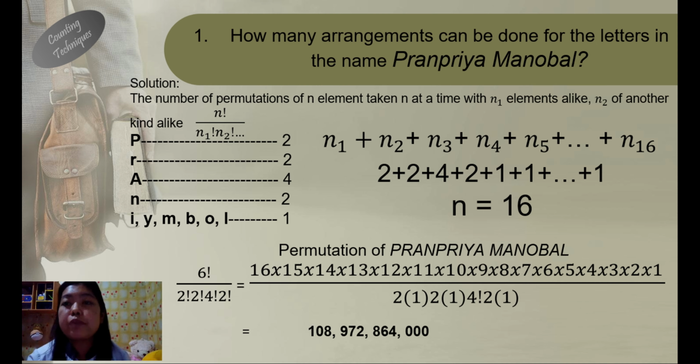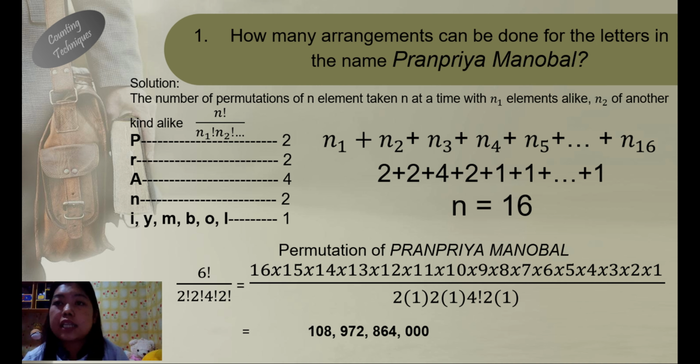Then, the permutations of Pranpriya Manobal is 16 factorial all over 2 factorial times 2 factorial times 4 factorial times 2 factorial. First, we should get the factorial of 16, which is 16 times 15 times 14 times 13 times 12 times 11 times 10 times 9 times 8 times 7 times 6 times 5 times 4 factorial, all over 2 times 1 times 2 times 1 times 4 factorial times 2 times 1.